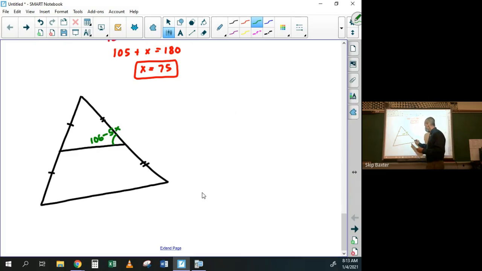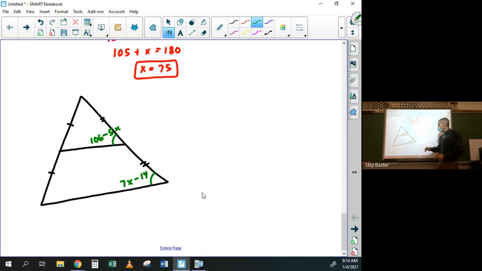And this angle down here, which we know is congruent to it, is 7x minus 14. So this is another of the same type of thing. You just set them equal to each other, right? These are corresponding angles. They have to be congruent.